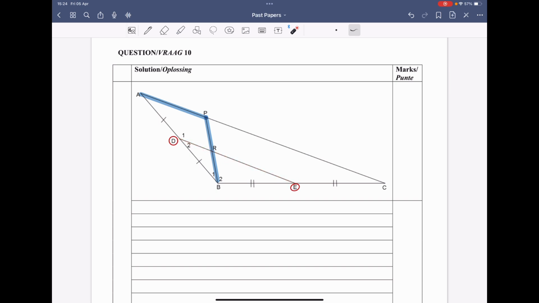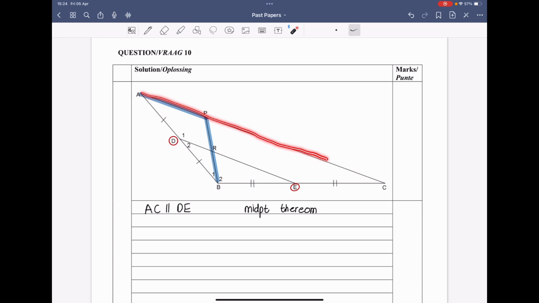And from the midpoint theorem, I know that that means that DE is going to be parallel to AC. Then when things are parallel, I'm always looking for my co-interior, alternate, or corresponding angles.